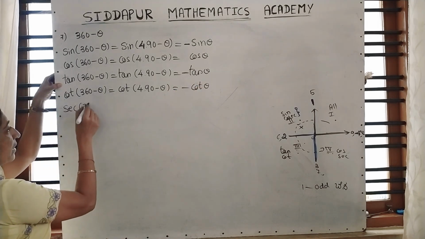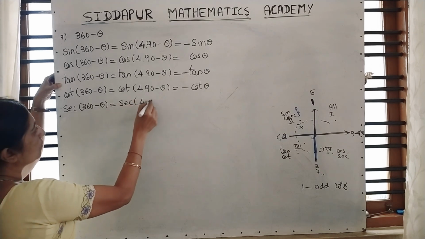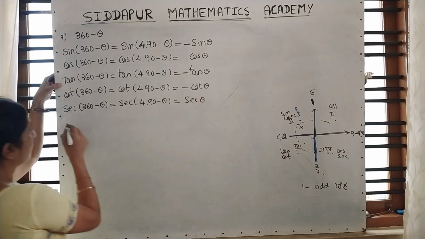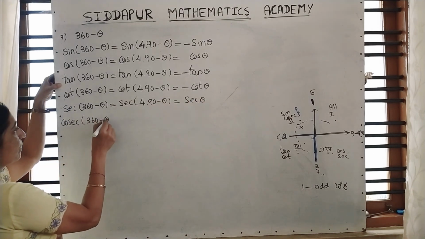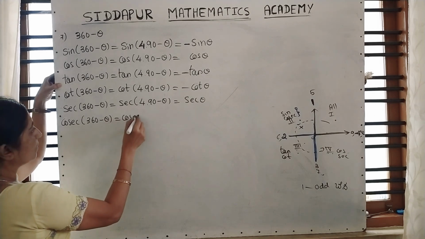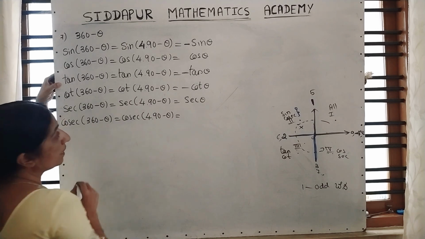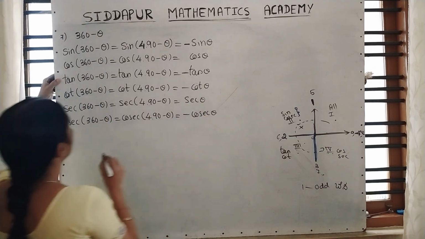Sec, what is sec? Sec is positive. Answer is sec theta. What about cosec? Cosec is negative.